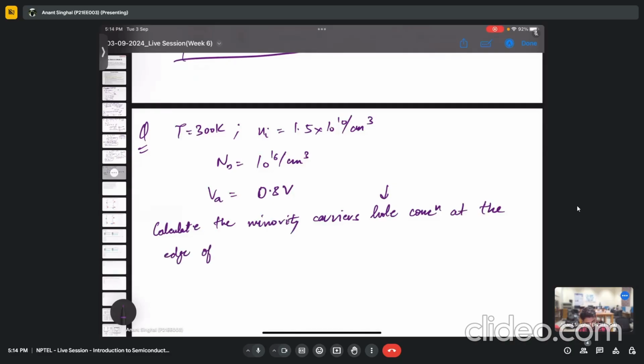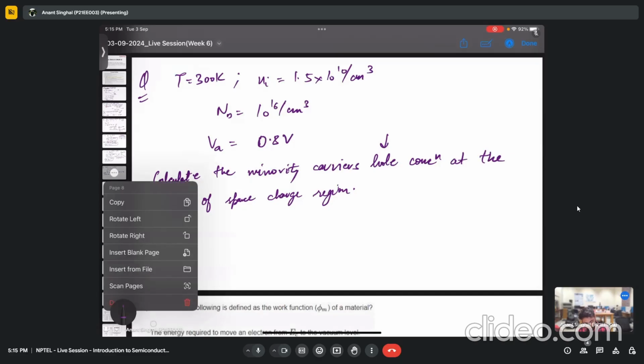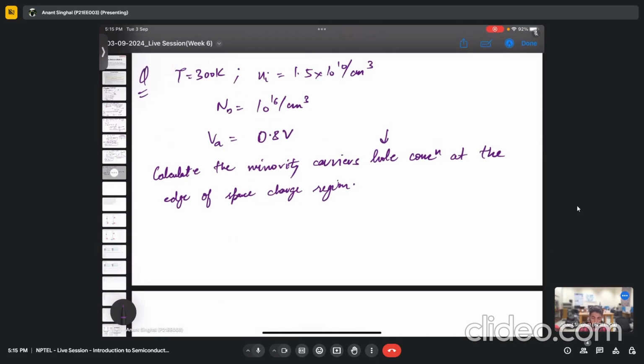So at the edge of the space charge region, this is what we need to calculate. Do you want to give it a try, or shall I explain directly? I have just given you the formula and the understanding for the same. This is very easy. If you want to try, you can write in the chat box that you are trying. Otherwise, I'll solve the same.